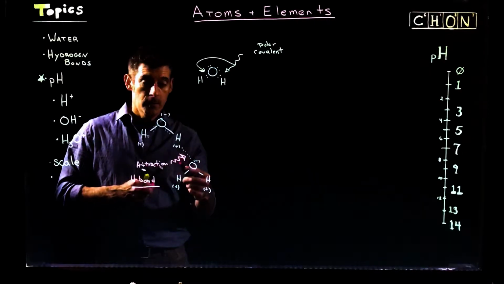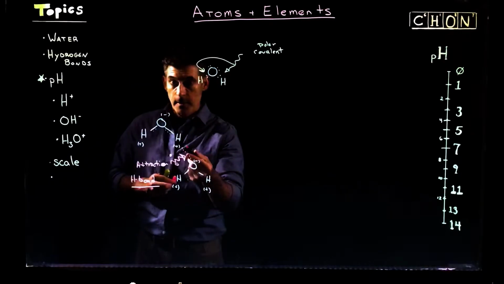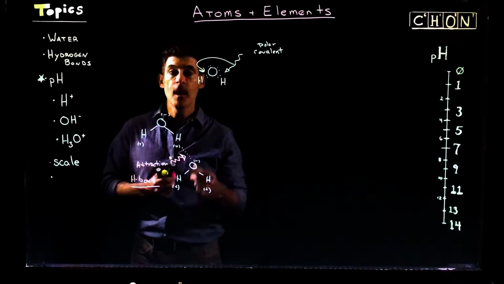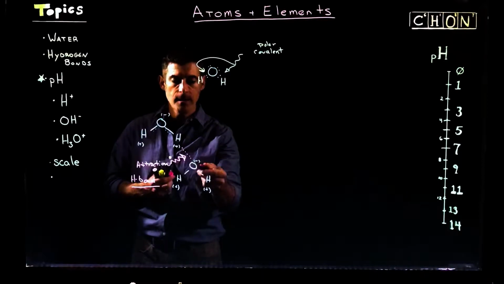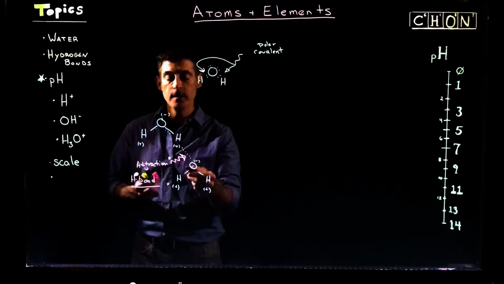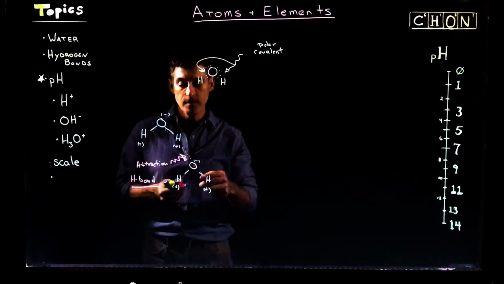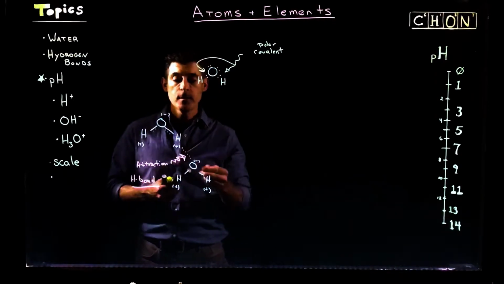Hydrogen bonds are attractions between partially positive hydrogens and partially negative elements of other molecules. In this case, that negative element is oxygen from another water molecule. But it could be different types of molecules. It doesn't have to be only water, but we're going to focus on water.